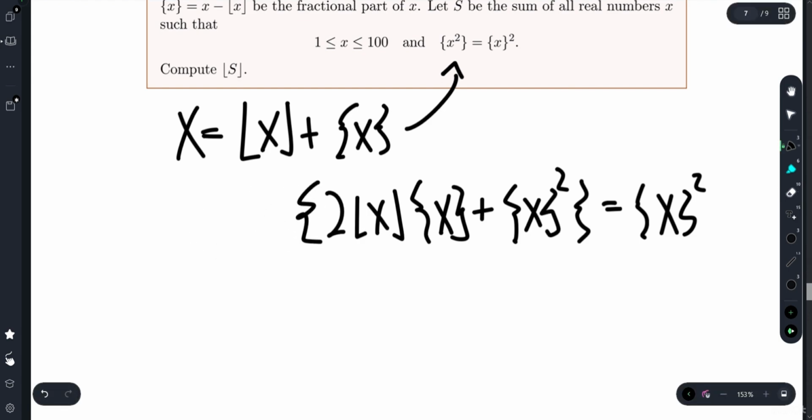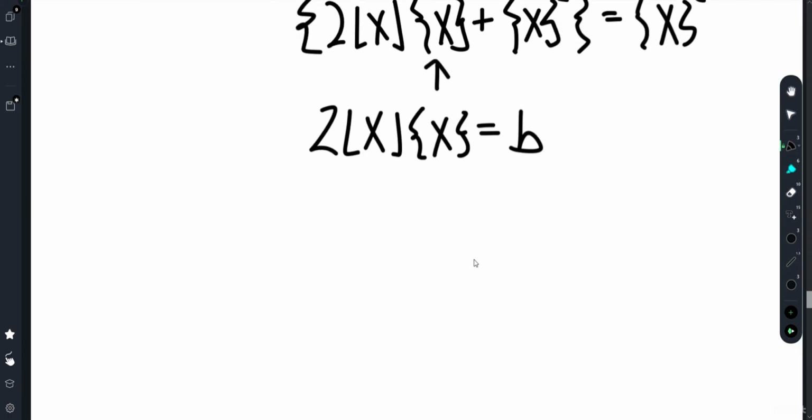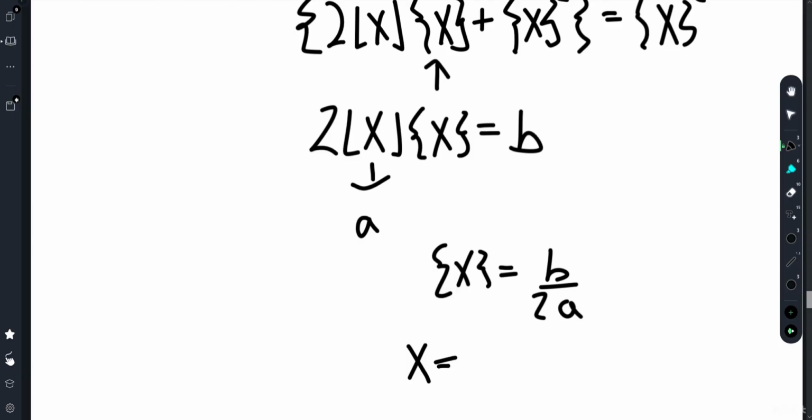Now, in order for this equation to be true, we need 2 times the floor of x times the fractional part of x to be an integer. Let's say that integer is b, and the floor of x is a. So the fractional part of x is b over 2a, and x itself is a plus b over 2a.